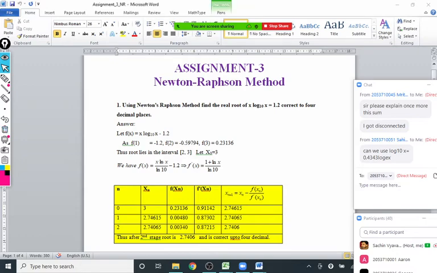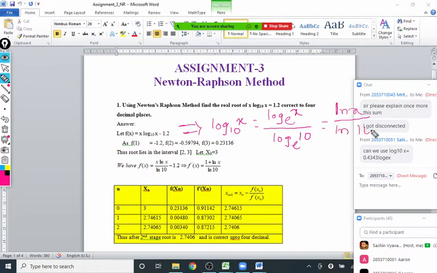So f(x) is given, x log x at base 10. So I will write that part only. Log x at base 10 can be written as log x at base e divided by log 10 at base e. This is more detailed, but if you are not interested in writing the base, and you write only log x upon log 10, that is also okay, but the better one is ln x upon ln 10.